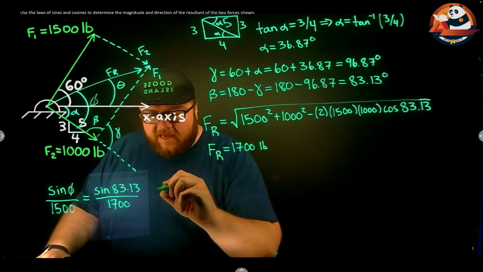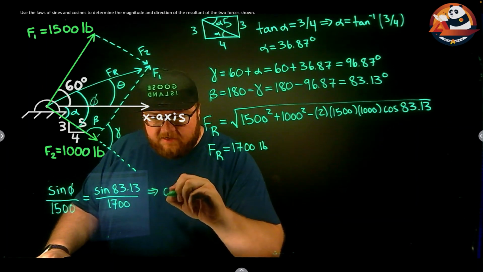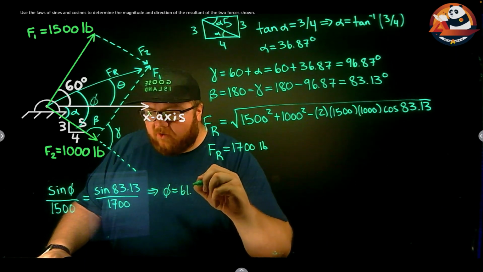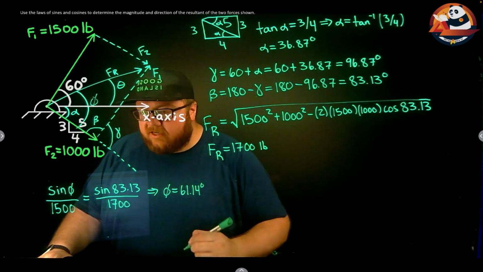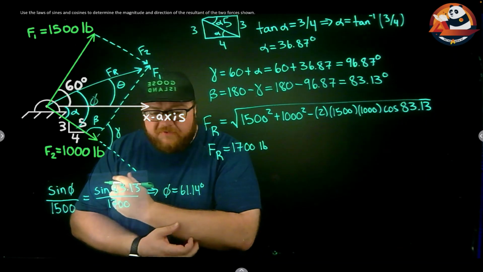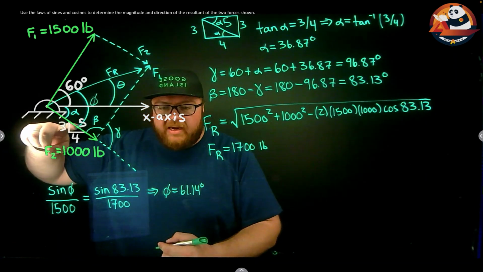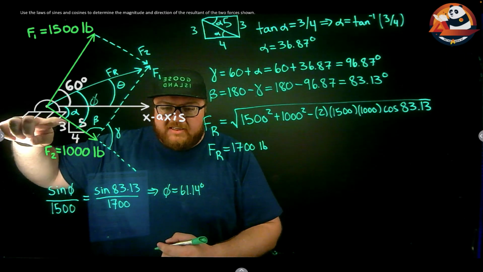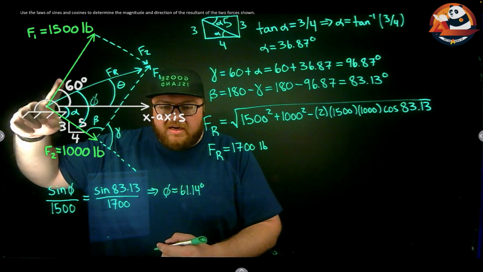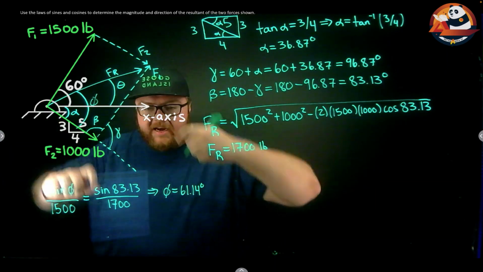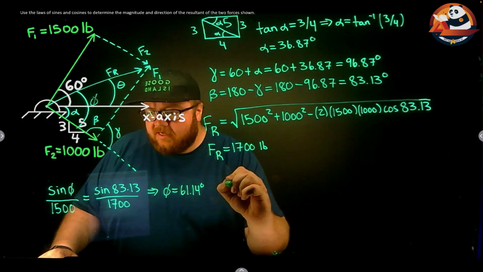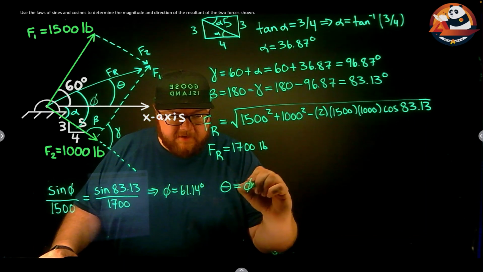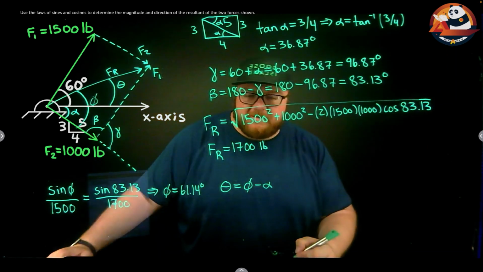And I'll get here that phi equals 61.14 degrees. Which finally I can use to get theta. If phi from F2 up to FR is 61.14, that's the same thing as alpha plus theta. Alpha plus theta gets me that angle phi. So theta is phi minus alpha for this problem.